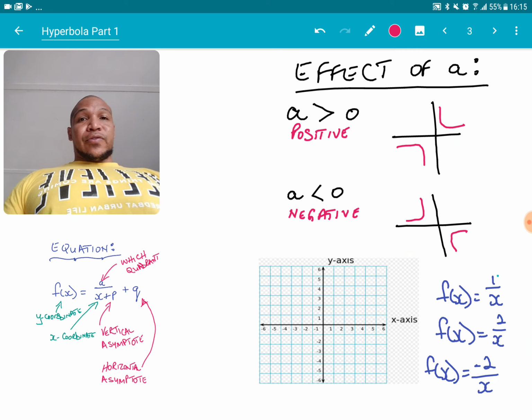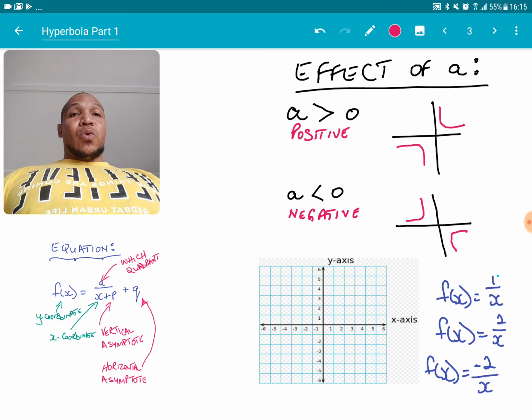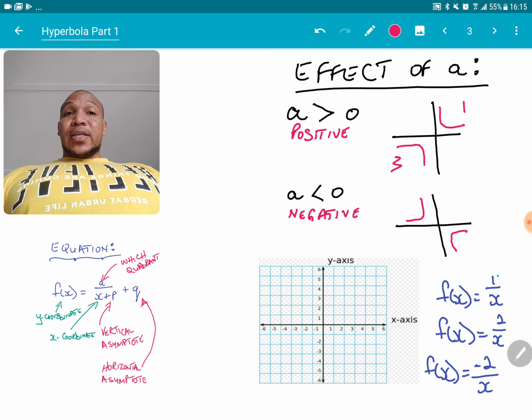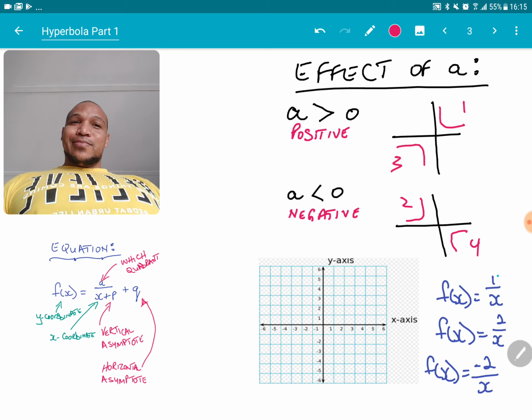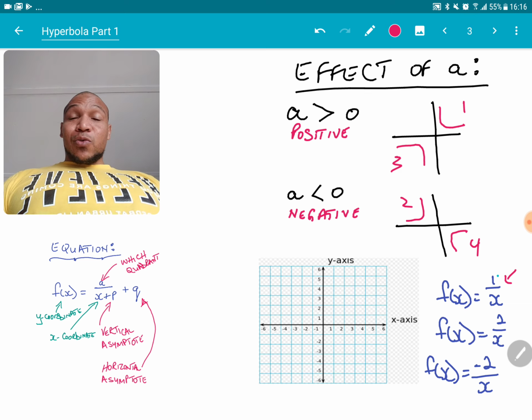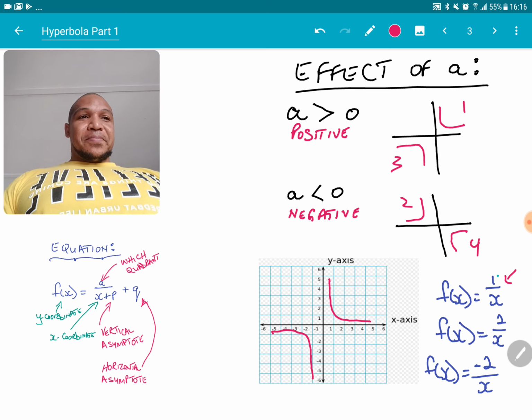Let's have a look at the effect of A. If A is positive, it will lie in quadrant 1 and quadrant 3 on your Cartesian plane. When A is negative, it will lie in 2 and 4. Let's look at these examples. F of x is 1 over x. A is positive there, and it will lie in quadrant 1 and 3.